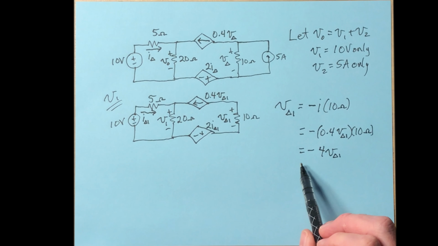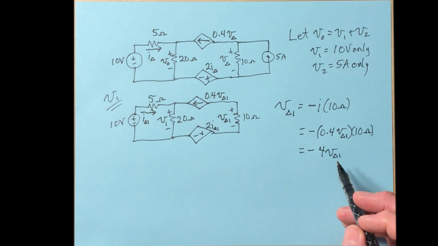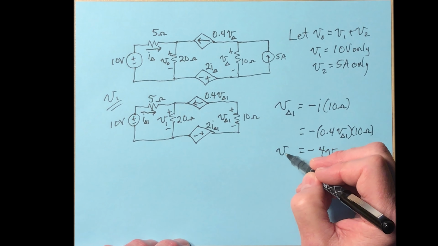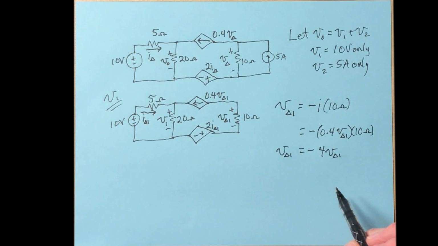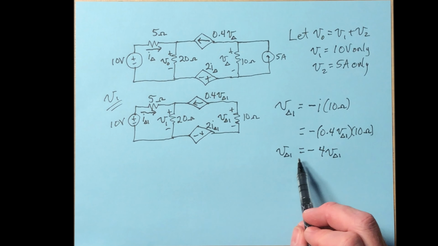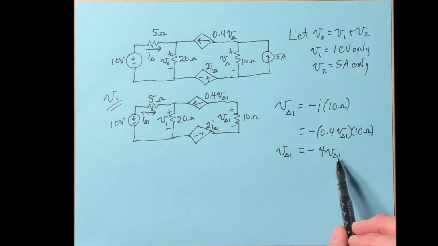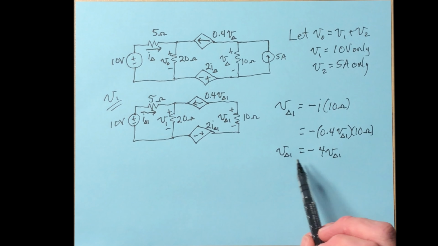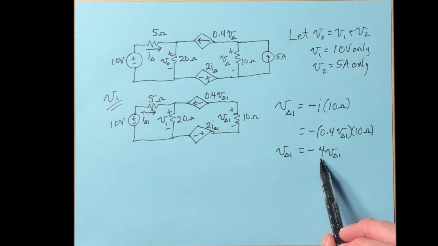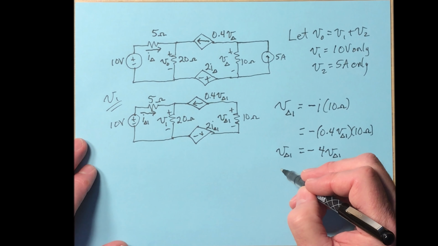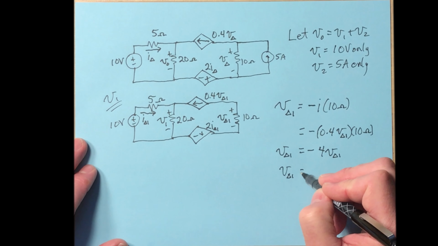So V delta 1 is equal to minus 4 V delta 1. Okay. I can see already what's going to happen here. When is this going to ever be a true statement? That V delta 1 is equal to minus 4 V delta 1. There's only one solution for that, and V delta 1 has to equal 0.